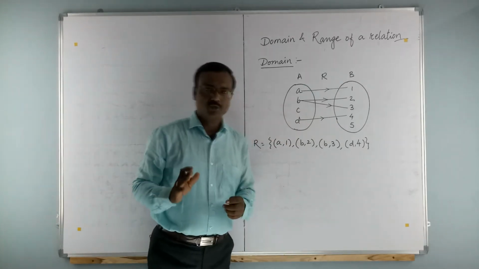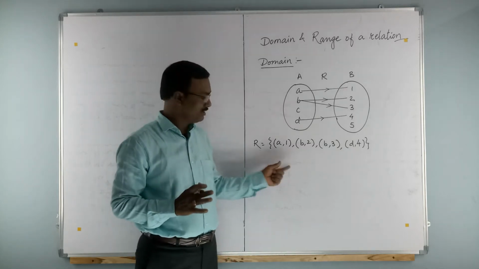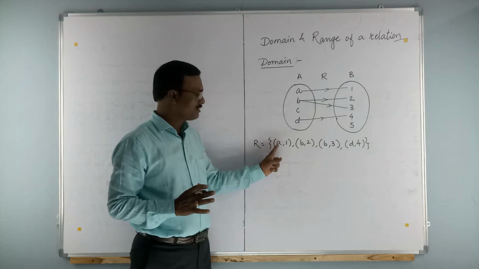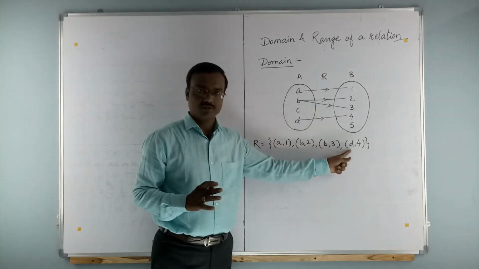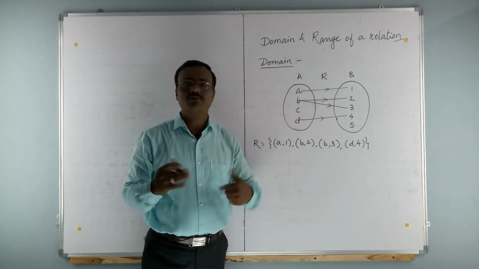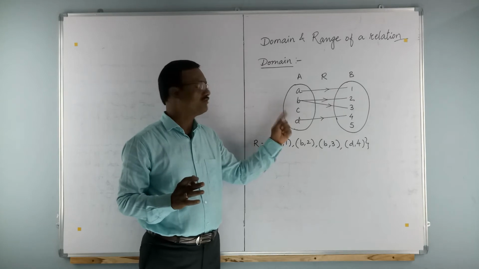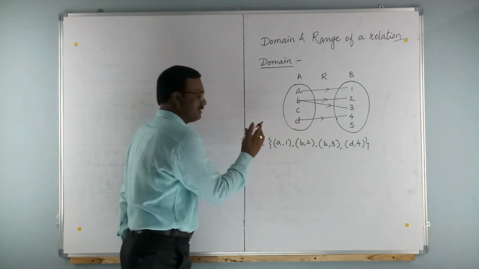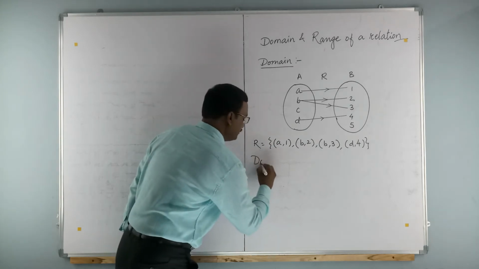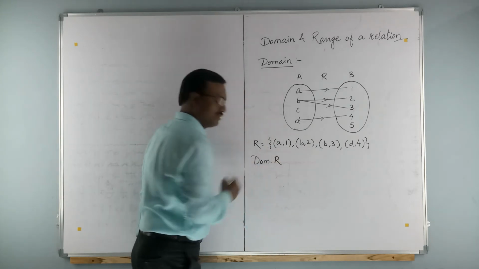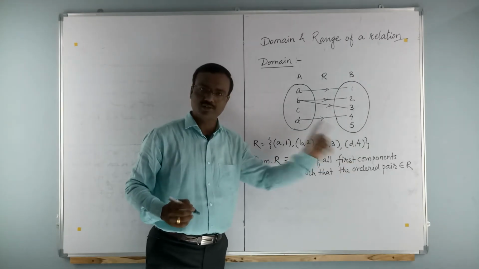The definition of domain is the set of all first components in the relation. If this is the relation, then the set of all first components means a, b and d. c is not involved in the relation, although it is there in the first set. So in this case, domain will be the set of all first components. So domain of R is the set of all first components such that the ordered pair belongs to the relation.